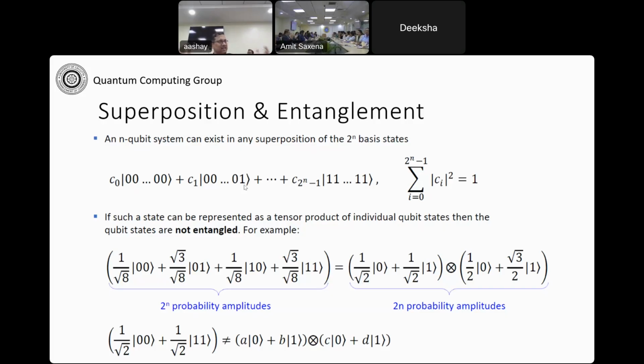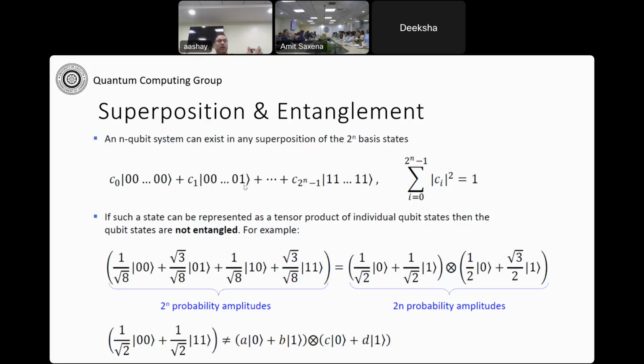And this is very interesting because what we see is that when we use n qubits, we can generate a space which consists of 2 to the power n basis states. That is what is being expressed in the first equation. In the first equation, you see that all the states are of n qubits, and the coefficients run from 0 to 2 to the power n minus 1.